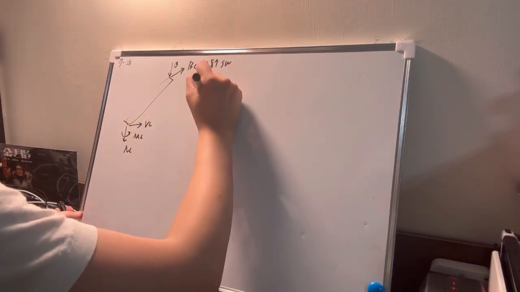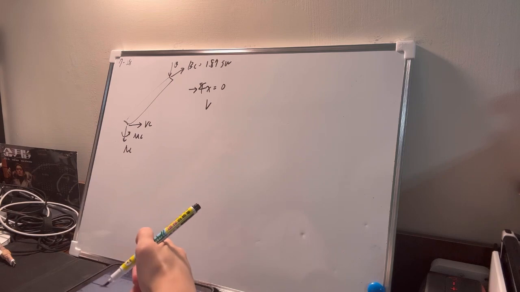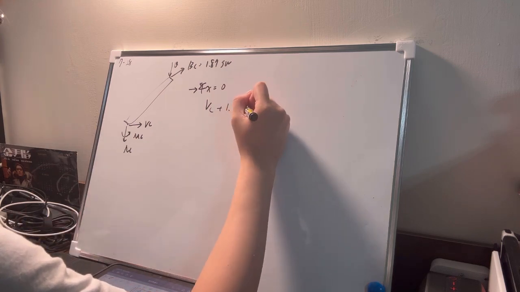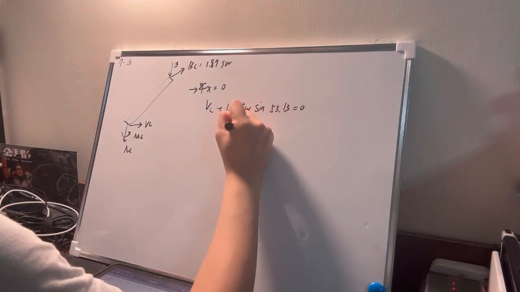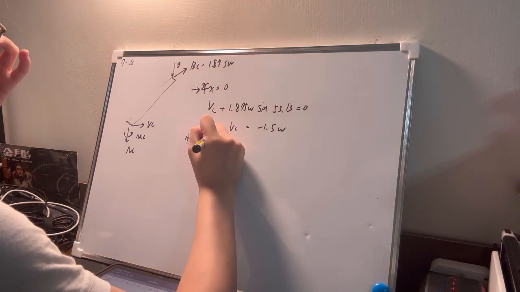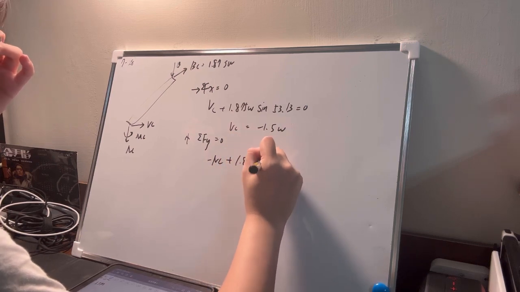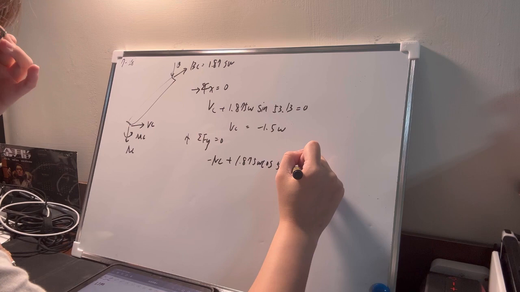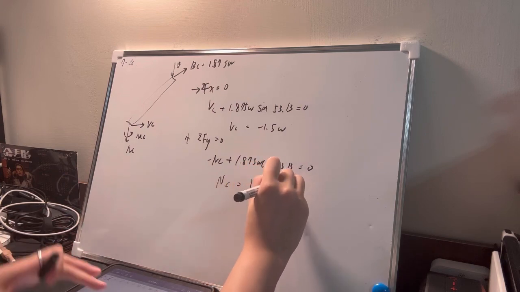So if the summation Fx is equal to 0, the VB here and VC here, plus this times sine theta equal to 0, so BC is equal to 1.5 W. And if summation Fy is equal to 0, NC plus this times cosine is equal to 0. So the NC here is W.